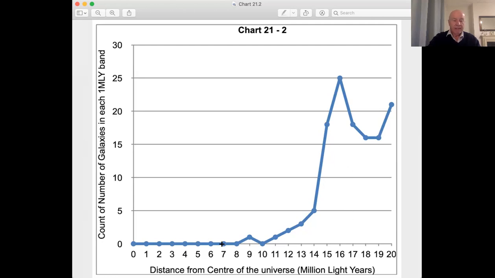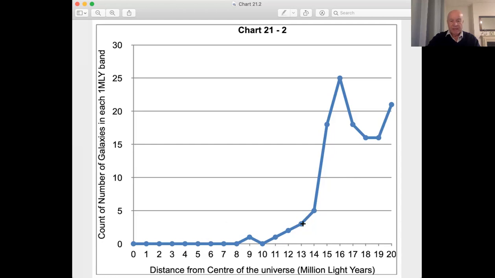So if we count up the number of galaxies, we can reckon that with our idea that there are 20 galaxies formed within the first 14 billion years, these galaxies here from 9 to 14 and a half million light years were the galaxies which formed within the first 14 billion years.